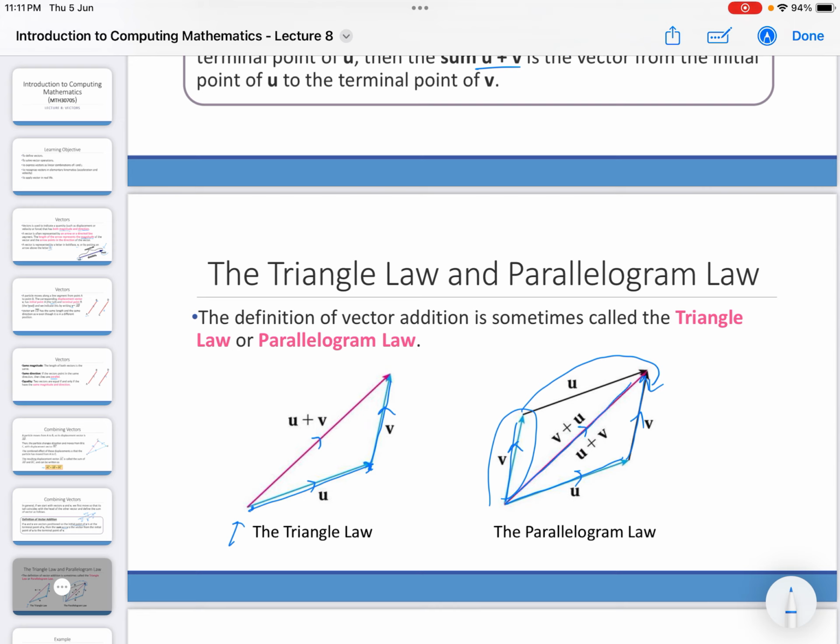Also, this U, we can shift here, so we get the vector U here. So V plus U is also the same vector as U plus V. This is why we call it the parallelogram law, because the shape here is a parallelogram, and we can use this to prove U plus V equals V plus U using the parallelogram law.